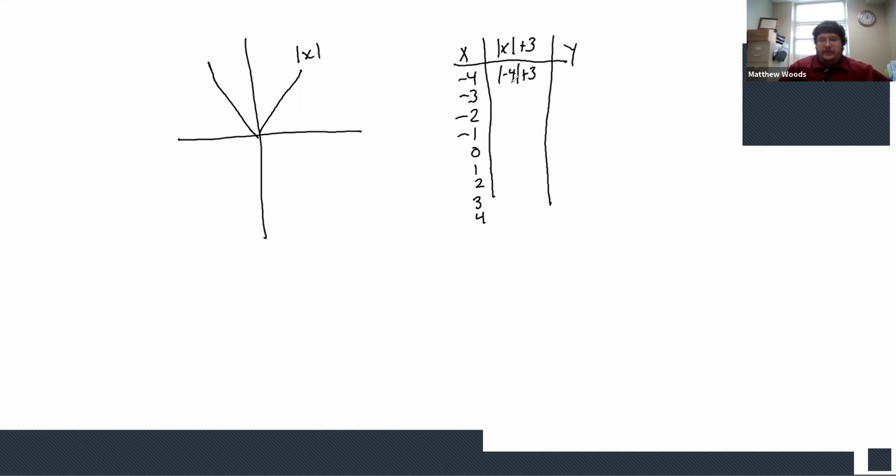So absolute value of -4 is 4 plus 3, that's 7. Absolute value of -3 is 3 plus 3 is 6. So 2 plus 3, that's 5. -1, so that's 1 plus 3 is 4. 0 plus 3 is 3. 1 plus 3 is 4. 2 plus 3, 5. 3 plus 3, 6. 7.